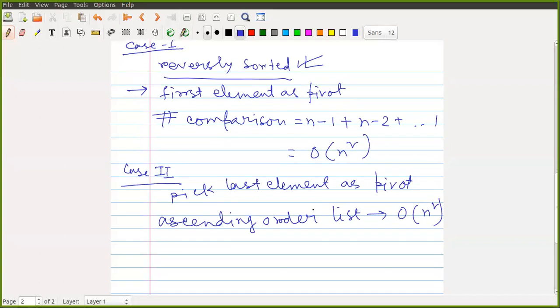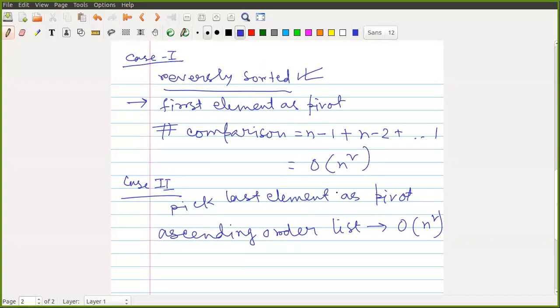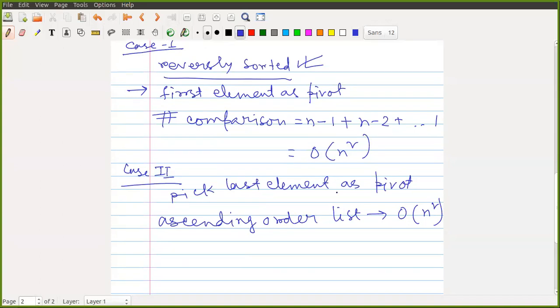So a natural idea is, can this be improved? Can we somehow more intelligently choose the pivot such that the number of comparisons is small? Is the question clear?